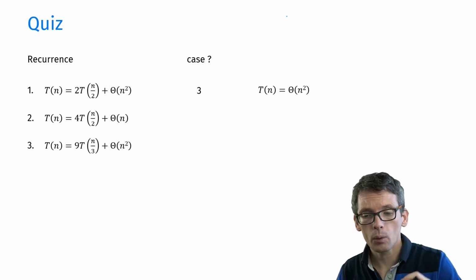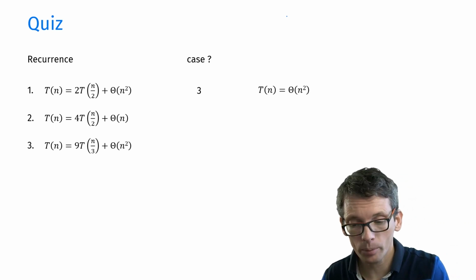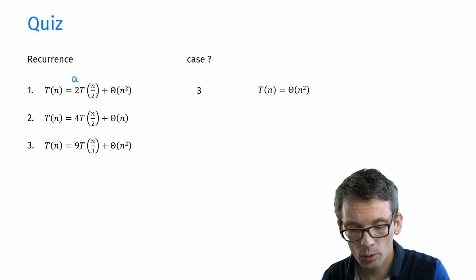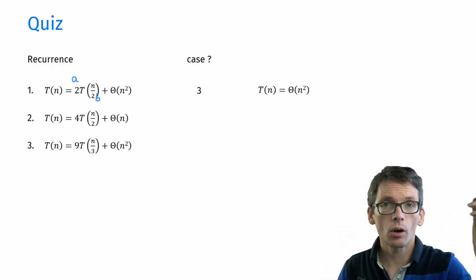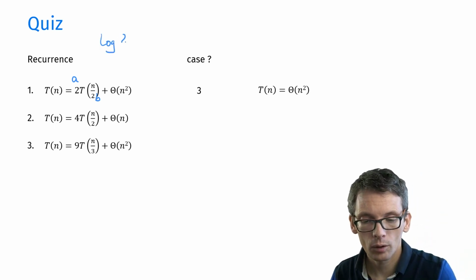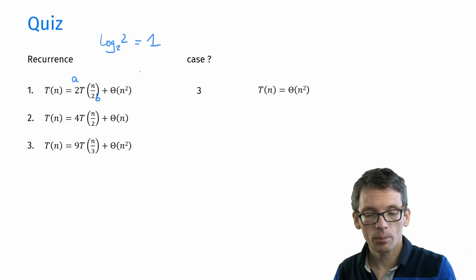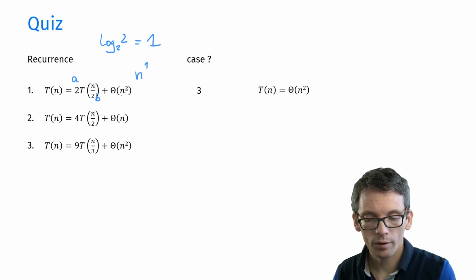So why are we in case 3? Because, and now it's just cookbook, a is 2, b is 2, log a base b is log 2 of 2 base 2, which is simply 1, meaning we're comparing n to the 1 with f of n, n squared.